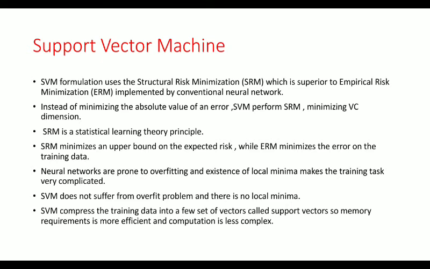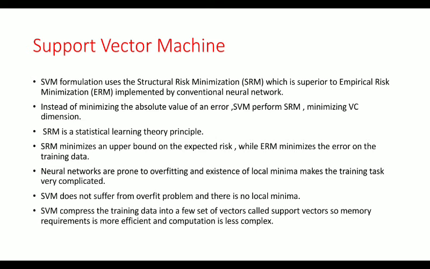Okay, this formulation uses the structural risk minimization principle. This is a statistical learning theory principle, and initially there was a traditional principle, empirical risk minimization, which is implemented using conventional neural networks.